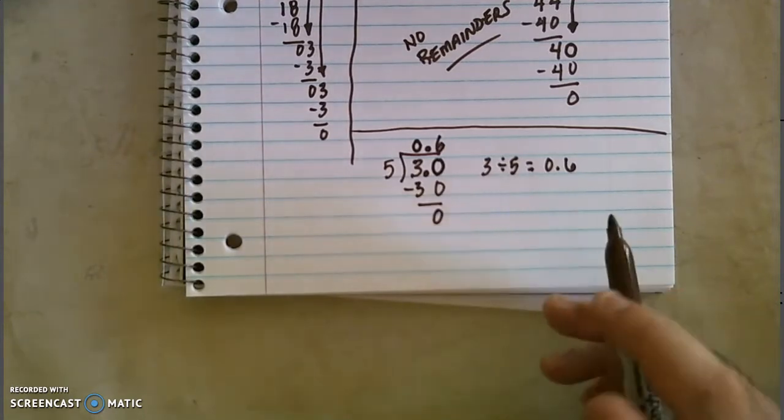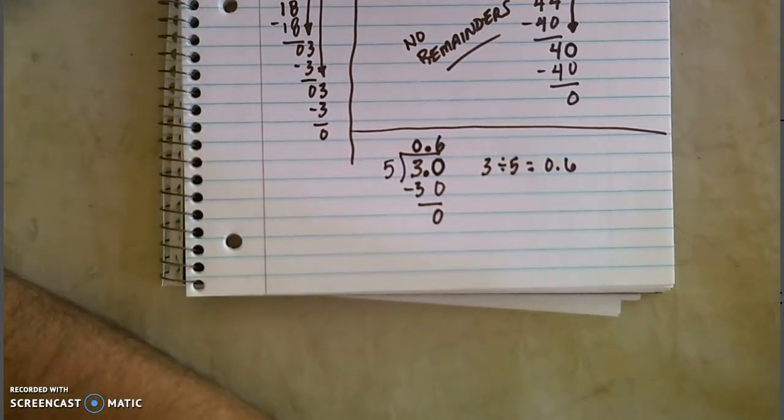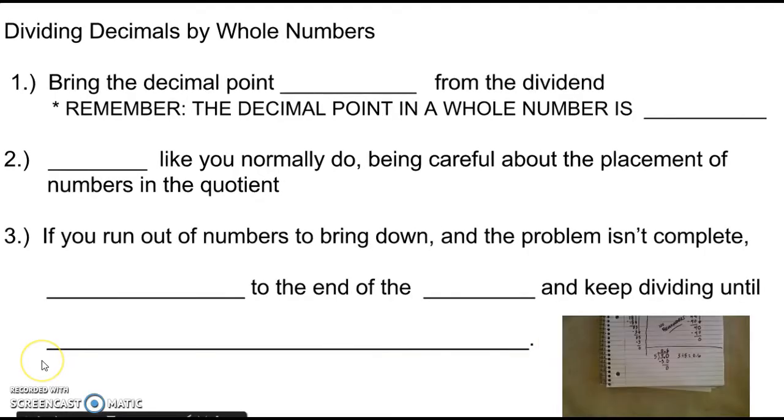Okay, so let's take a look at your notes. We'll fill those out, and then we'll come back and do a few more examples. So here are our notes that we're going to fill in. And we are again dividing decimals by whole numbers. So if you'll remember, the first thing we did was to bring the decimal point straight up from the dividend.